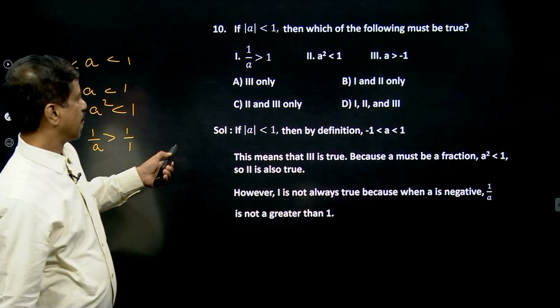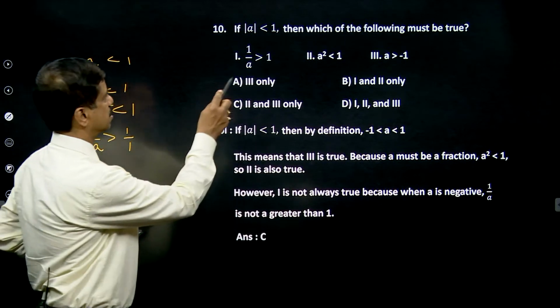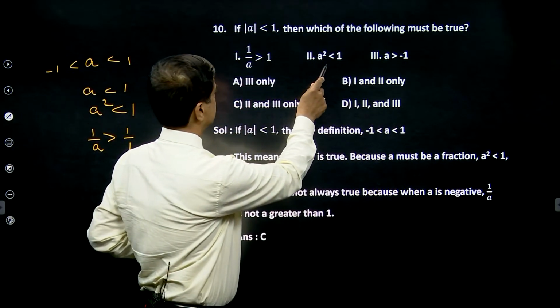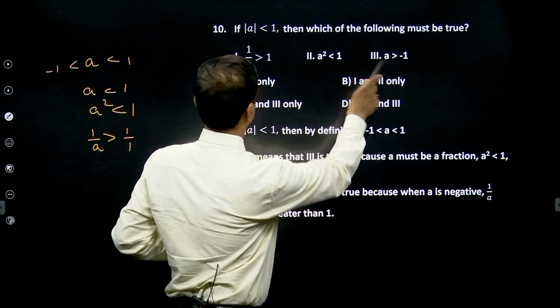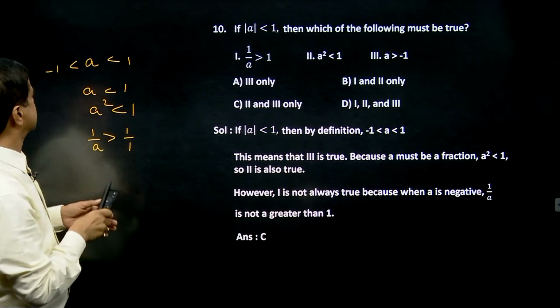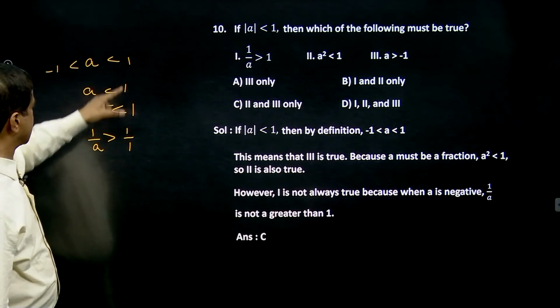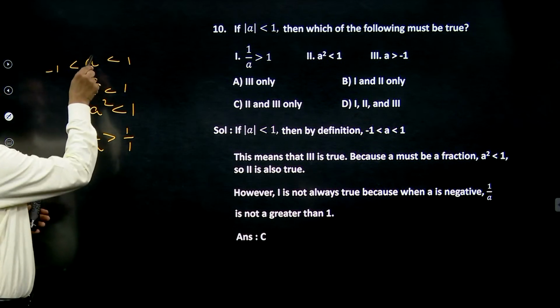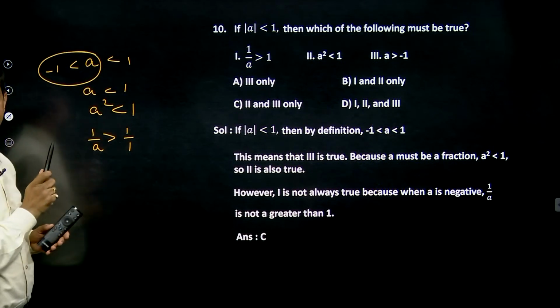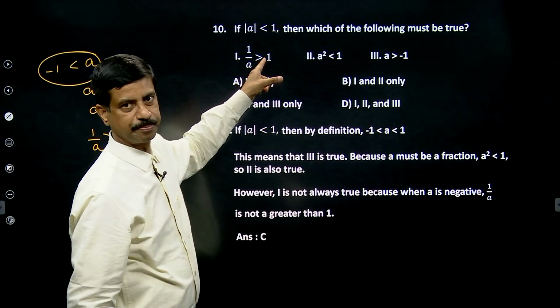So therefore, option number 2 satisfies, and option number 1, mod A, one side we are looking at, 1 by A is greater than 1, but what about the other side, left side, 1 by A? Therefore, option A does not work out fully.